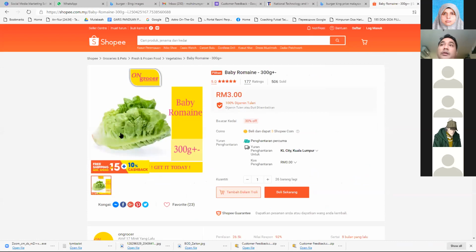This is not a vegetable burger but a McDonald's burger. So maybe we just take about a quarter portion of this. So the price is 3 ringgit, and we divide by 4 because from this salad we can use it for 4 times.